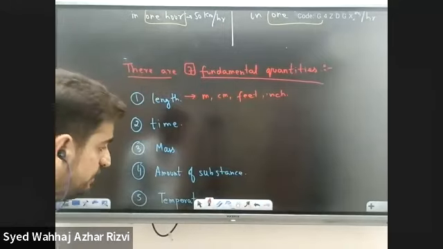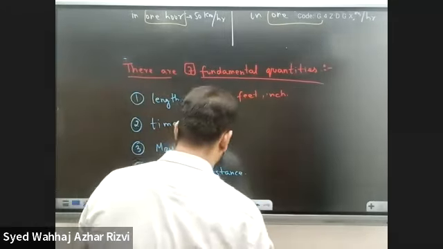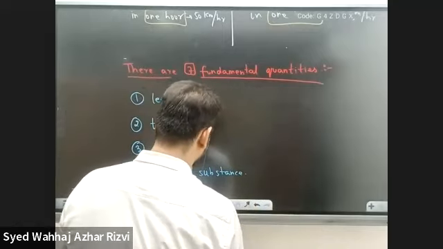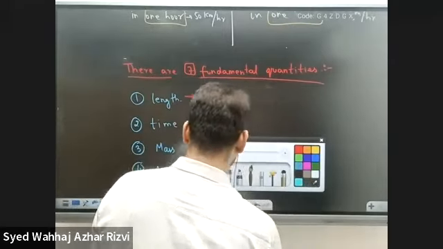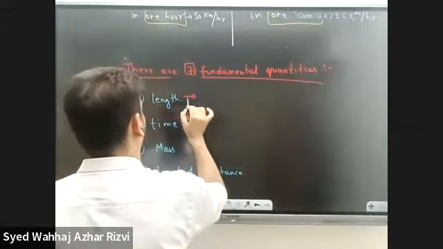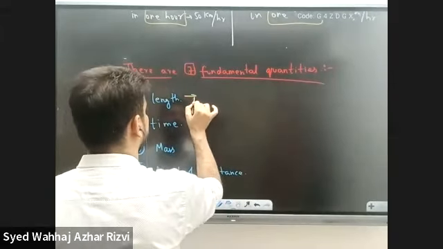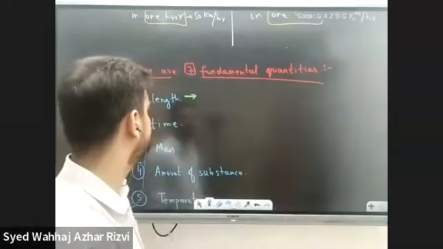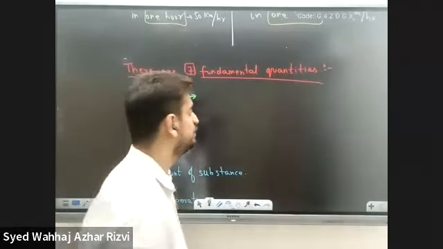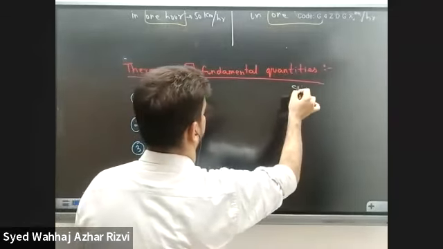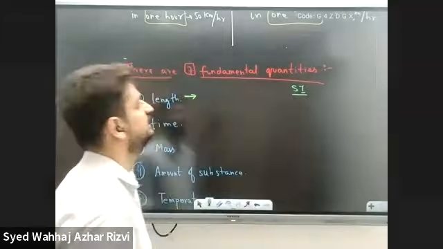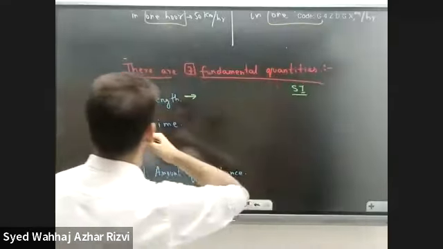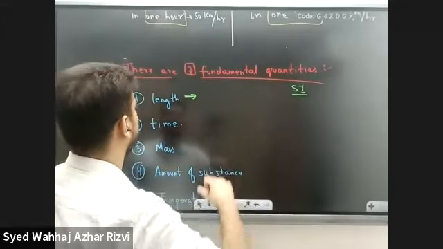But there was a conference in Paris in the year 1960, and in that conference, they decided that all over the world, in the scientific field, people would use specific given units. And those units are known as SI units. System de International. That is the meaning of SI unit.